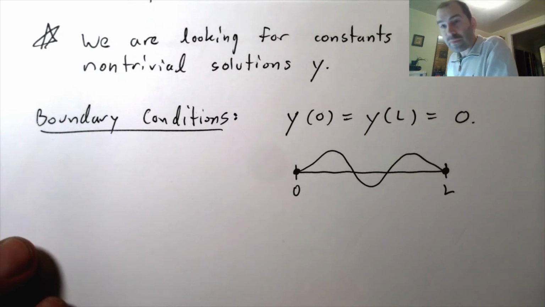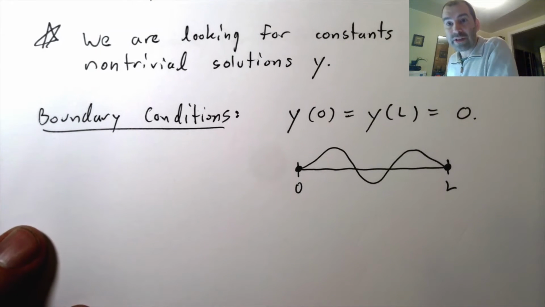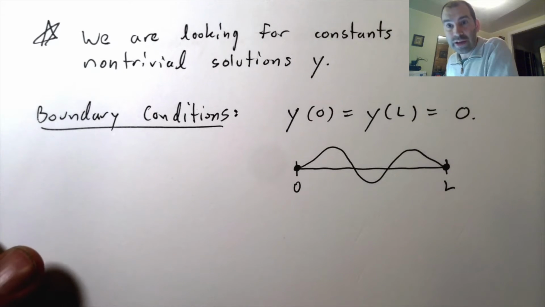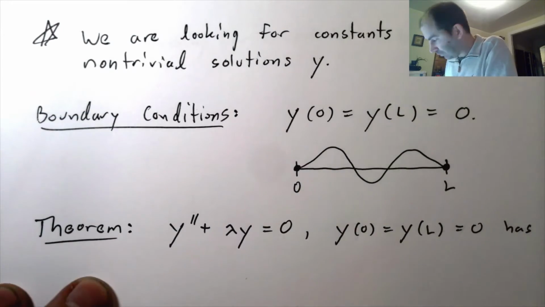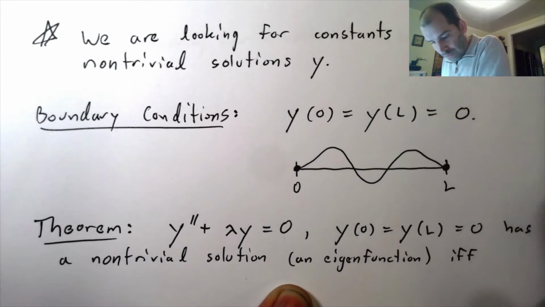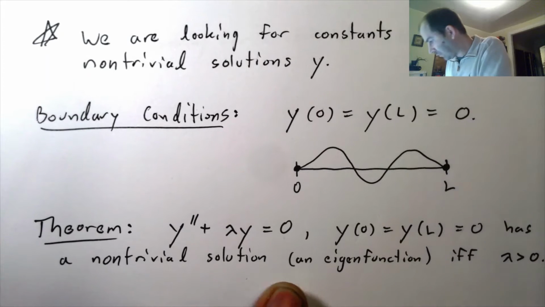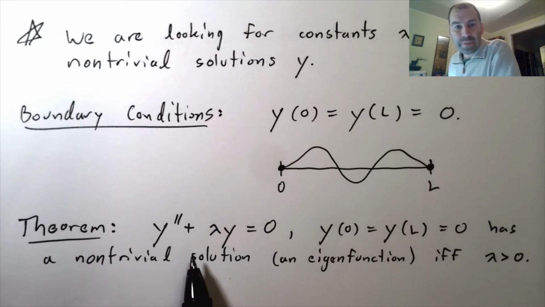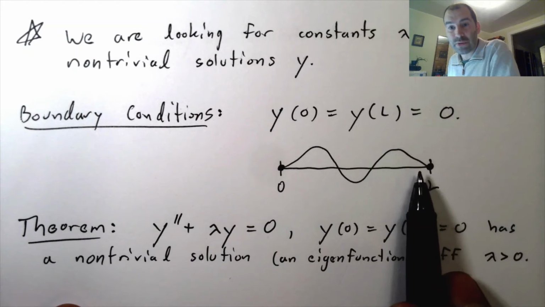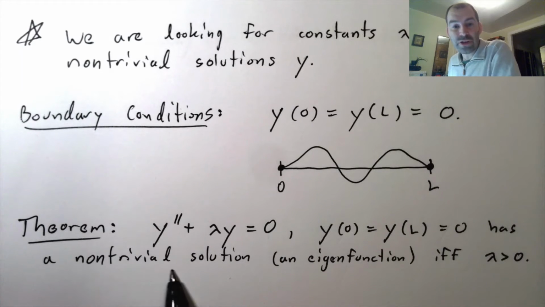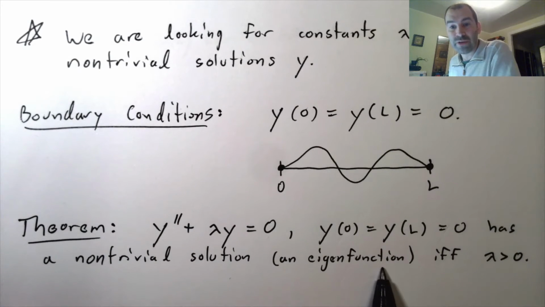So we now have a theorem that we'd like to talk about with regards to these eigenvalues and eigenfunctions. The theorem says that the differential equation that we're considering, the eigenvalue problem, with these boundary conditions, the ones that we described up here, has a non-trivial solution, so that'll be an eigenfunction, if and only if lambda is positive.